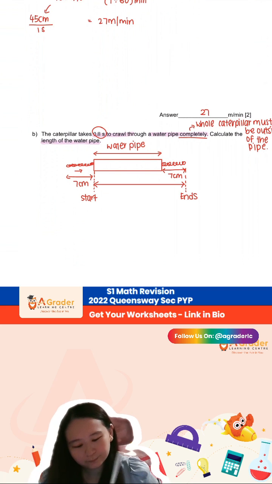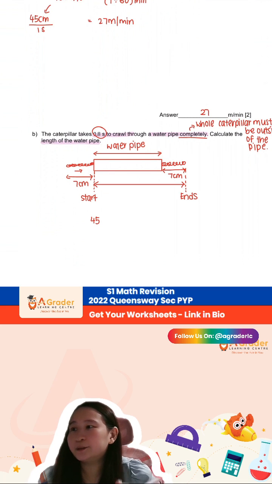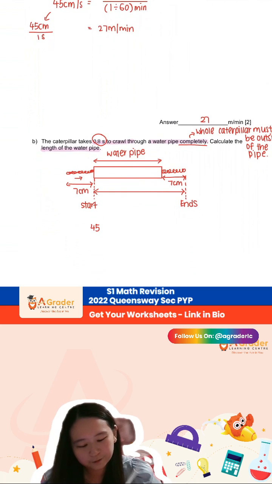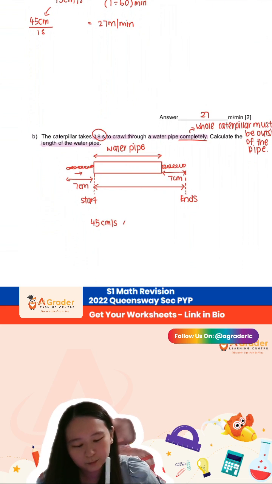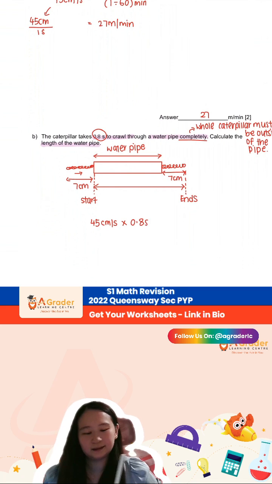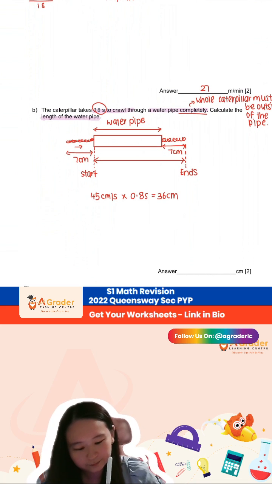Okay? So they tell you that the caterpillar crawls at the speed of 45 centimeter per second, and crawls for 0.8 seconds. So you multiply by 0.8 seconds equals to 36 cm. So this is the length of the water pipe plus the caterpillar.